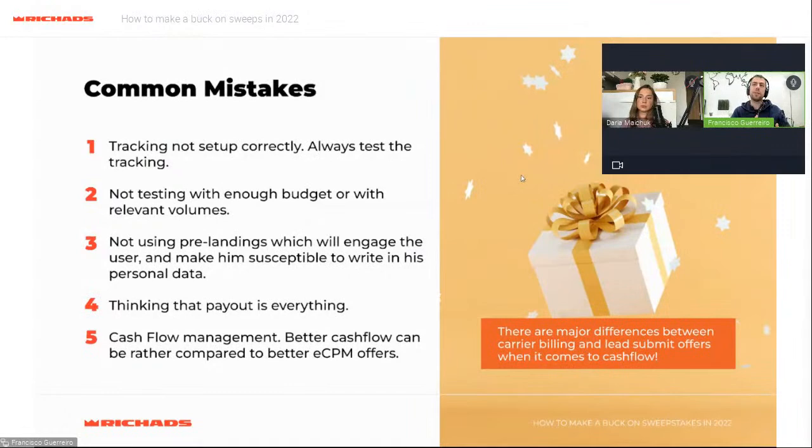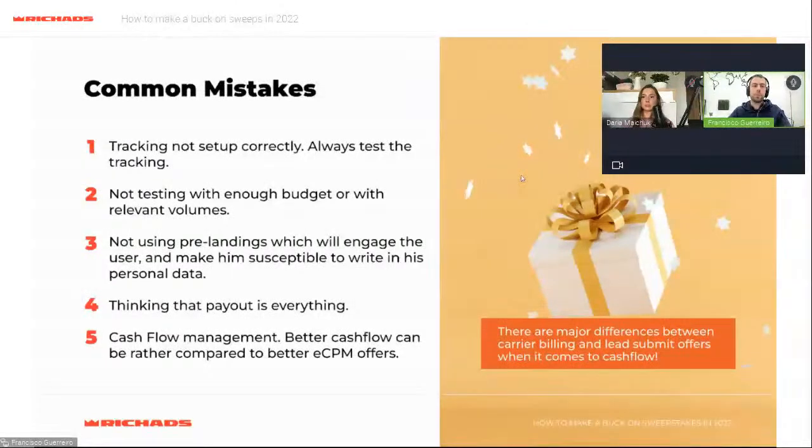In this case, you don't really need to convince the user to give up his personal information. So in this case, you can split test without pre-landing. But of course, this is like 5 or 10% of the market.